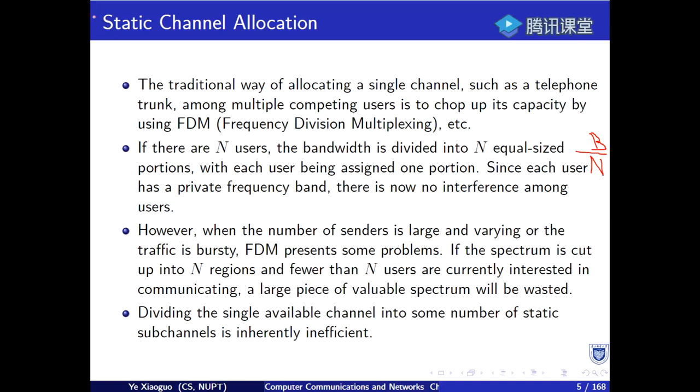That is why we call it static channel allocation. However, when the number of senders is large and varying or the traffic is bursty, FDM presents some problems. If the spectrum is cut up into n regions and fewer than n users are currently interested in communicating, a large piece of valuable spectrum will be wasted.